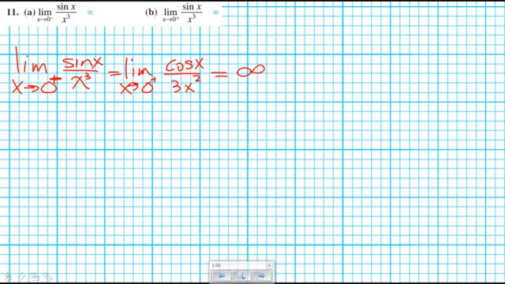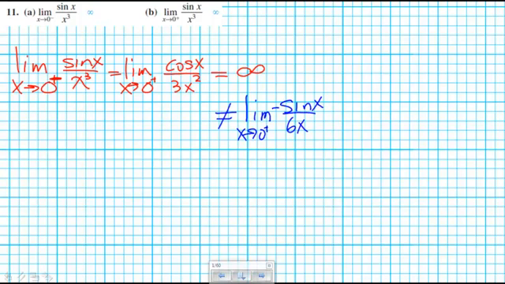Now, the classic mistake that gets made here is that, and I'll do this in blue, what it's not equal to. What it's not equal to is negative sine x over 6x. Yeah.